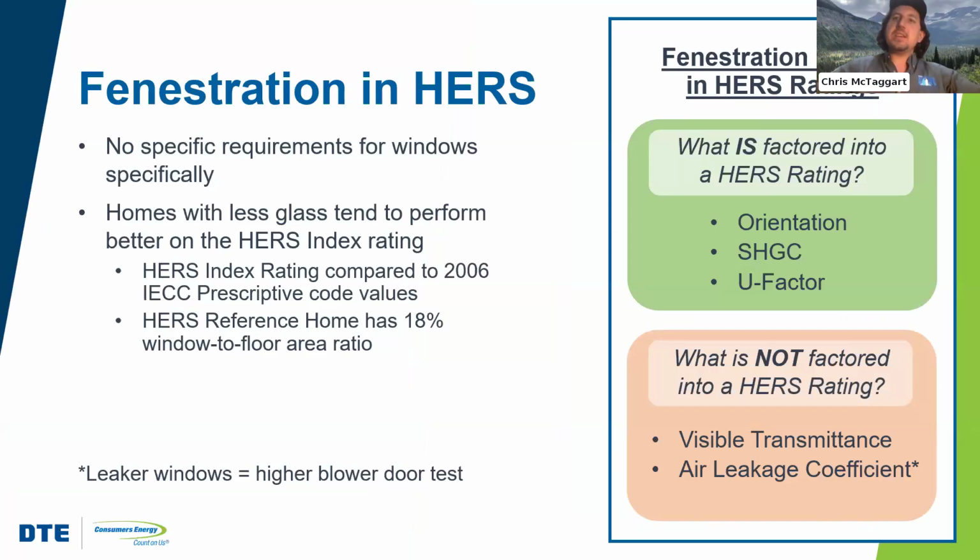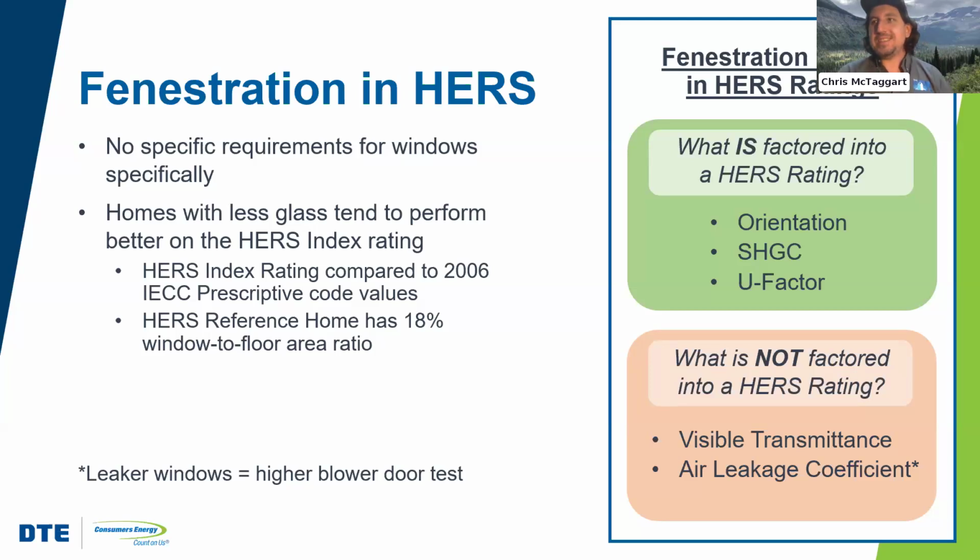So if you had really significant glazing, you would end up having to make that up on the HERS index. But if you have lower window to floor area ratio, you actually gain some benefit on the HERS index calculation. Orientation, SHGC, U factor, those are all factored into it. Visible transmittance is not factored into the HERS rating, but it may have a quality of life impact.